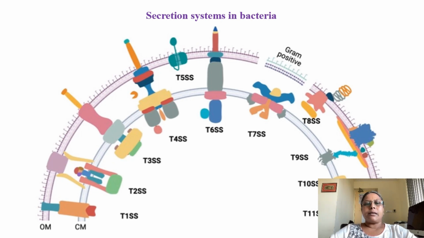These include the type 1 secretion system, which is shown over here, the type 3 secretion system, the type 4 secretion system and the type 6 secretion system. All of these pathways contain periplasm-spanning channels and secrete proteins from the cytoplasm to the outside of the cell. However, the mechanisms of protein secretion in each of them are quite different.